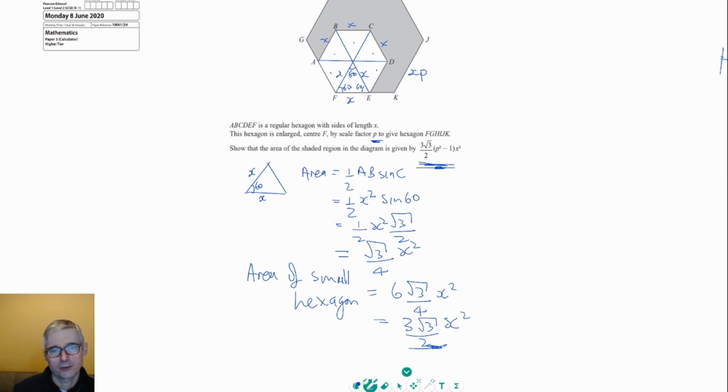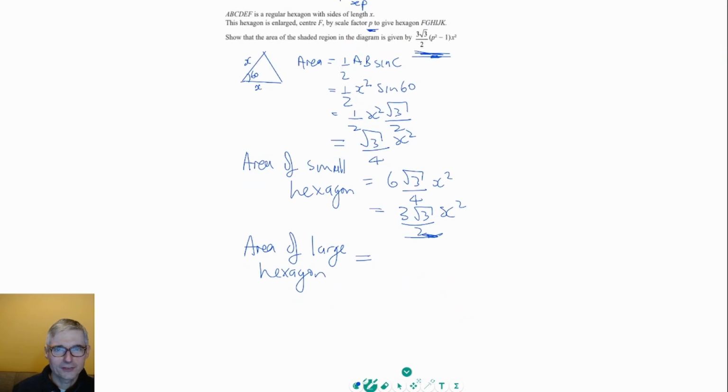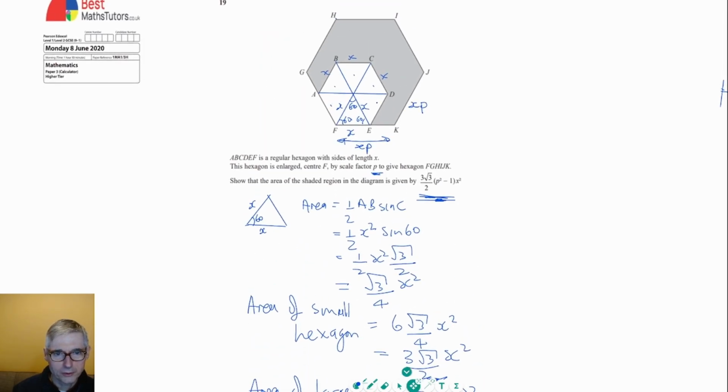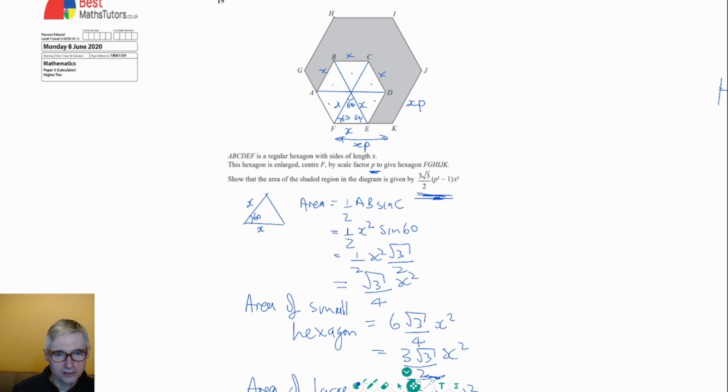So these lengths here are xp, and the area of the large hexagon is going to be 3 root 3 over 2, but instead of x, we've got xp all squared, because that's the sides of the large hexagon.